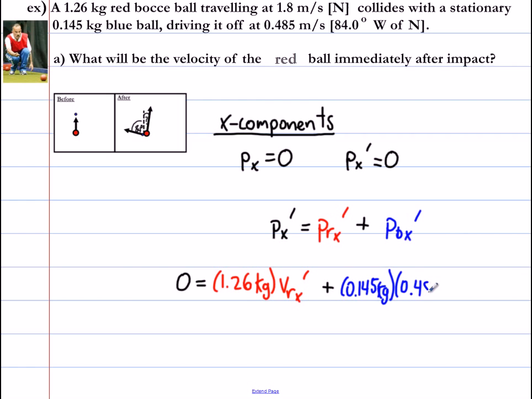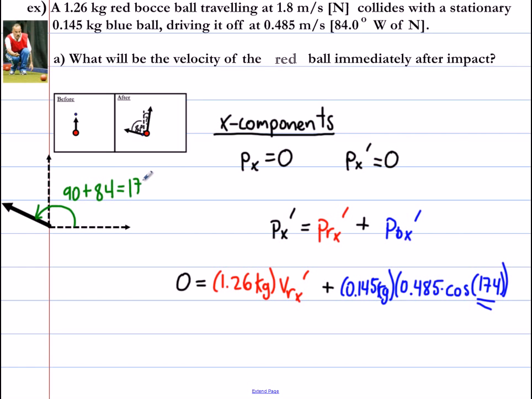So we're going to take the x component of the 0.485 meters per second value. We're going to use cosine of 174 and multiply it by the speed of the blue ball total. So we're using the polar coordinate angle measure. This is where we get the 174 degrees from.